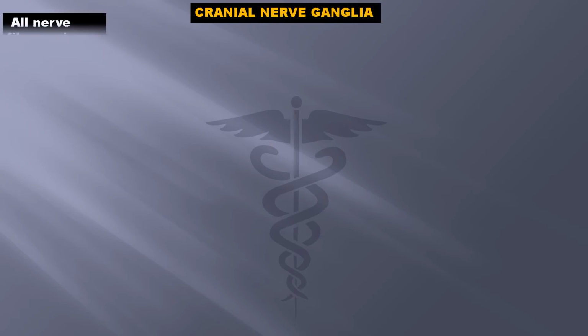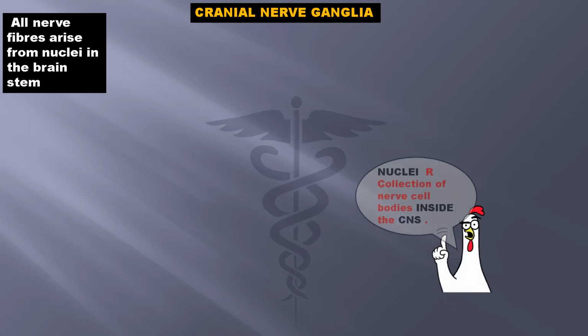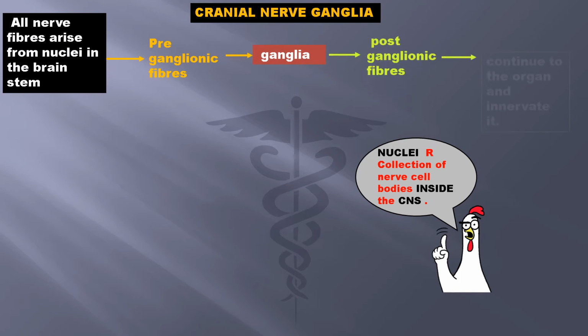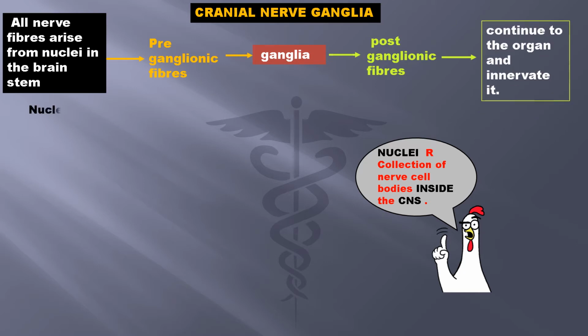All nerve fibers arise from nuclei in the brain stem. We learned previously that nuclei are collections of nerve cell bodies inside the central nervous system. These give rise to preganglionic fibers which go inside the ganglion. From here, postganglionic fibers arise and continue to the organ and innervate it.